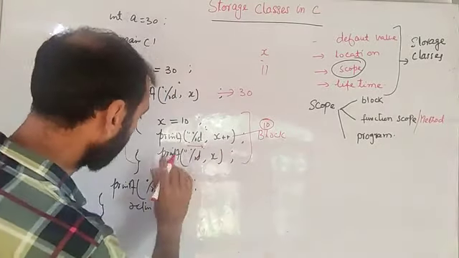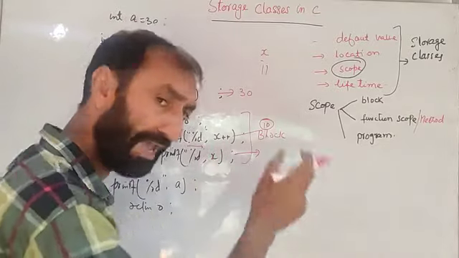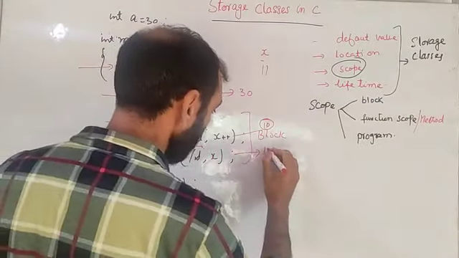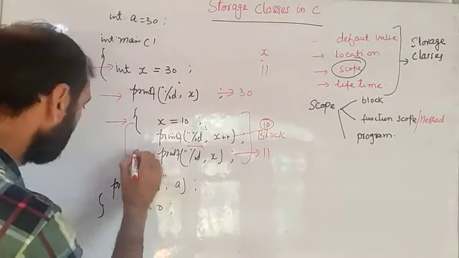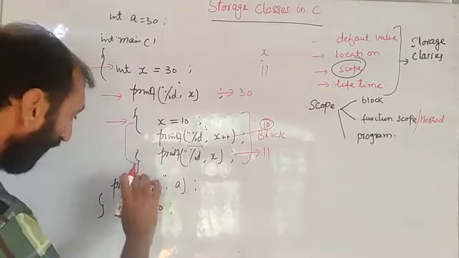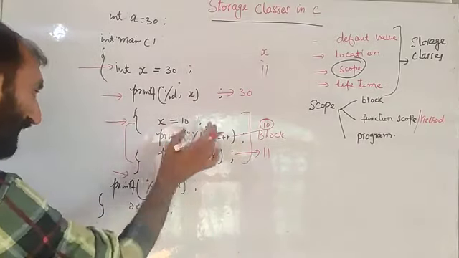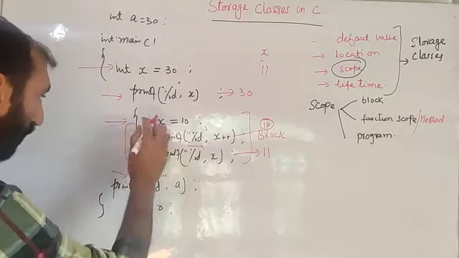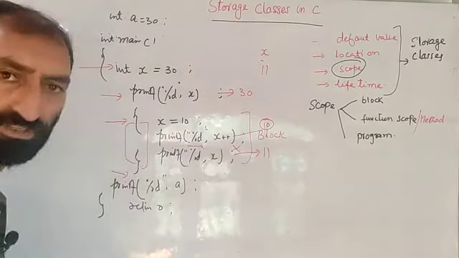After that, the next printf %d, x will print the new value of x, that is 11. And after that comes the closing brace. After leaving the control from this block, it will vanish.